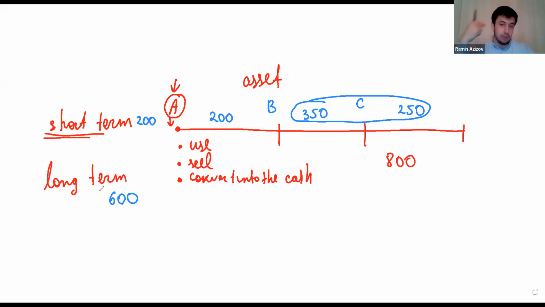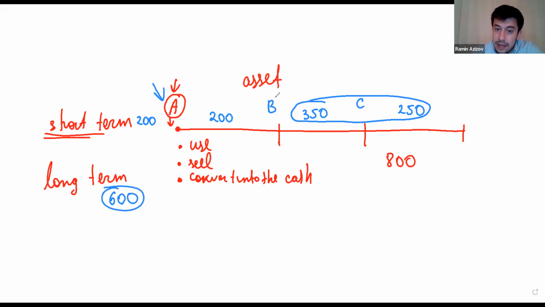Here, I stand at point A, and I have an intention to convert that receivable into cash after 1 year, one accounting period, compared to point A. That's why the sum of those figures, 600, is my long-term asset.